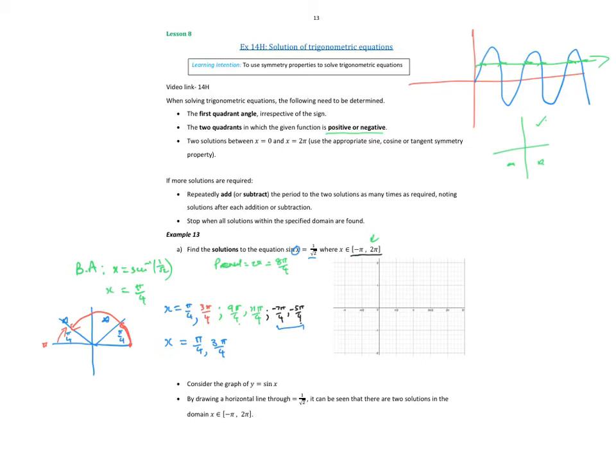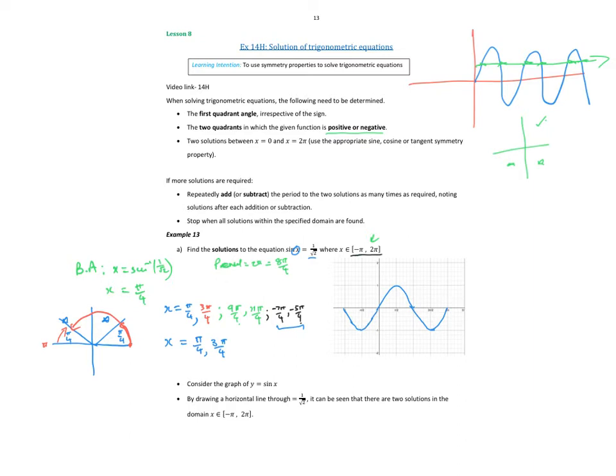If we were to do a quick graph sketch, the period is 2 pi, so the graph might look a little bit like that, and we'll go to negative pi. There's my graph, and we want to know where it equals 1 on root 2.